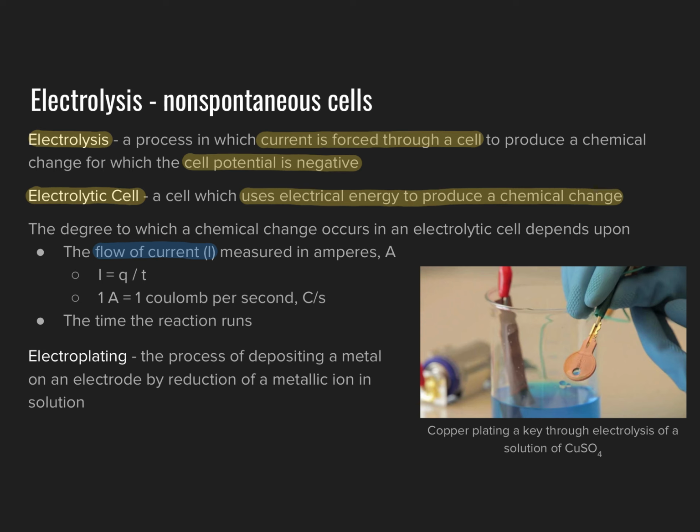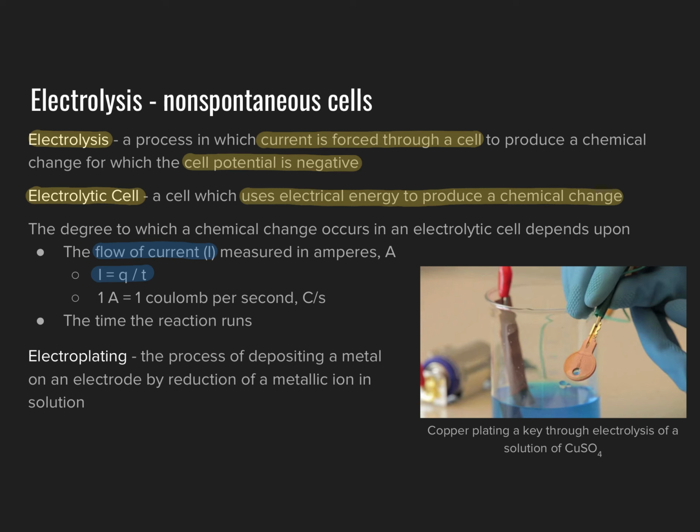The current in a chemical equation is given the symbol I, and the unit of an amp is given the capital letter A. By definition, the flow of current I is defined as the charge Q per given unit of time T. And by definition again, 1 amp of current is equivalent to 1 coulomb of charge moving through a circuit per second. So again, amps are equivalent to coulombs per second.